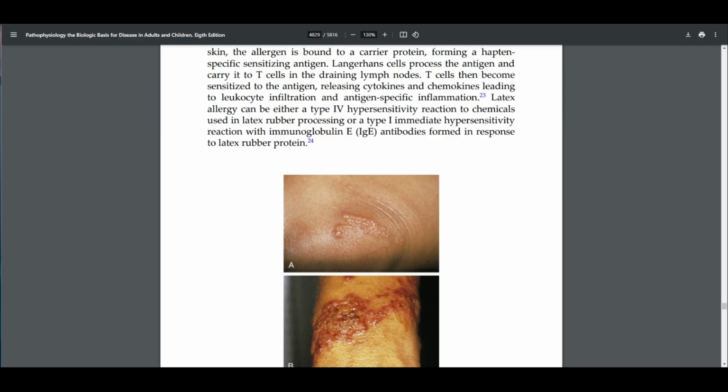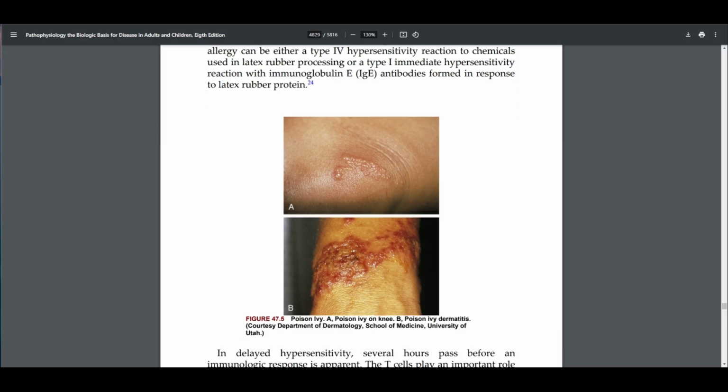Latex allergy can be either a type 4 hypersensitivity reaction to chemicals used in latex rubber processing, or a type 1 immediate hypersensitivity reaction with immunoglobulin E antibodies formed in response to latex rubber proteins.